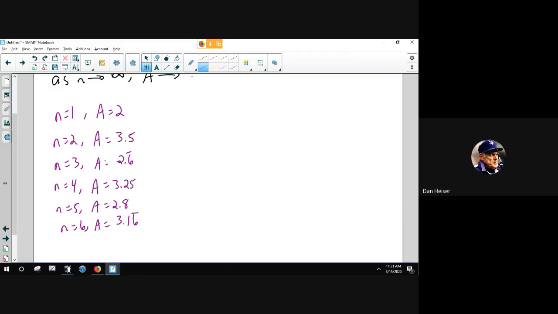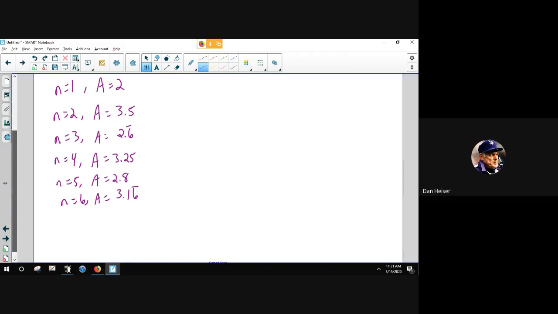Just the 6 repeats. As n is growing, what's happening to our value of a? You notice that the value of a is getting closer and closer and closer to 3.